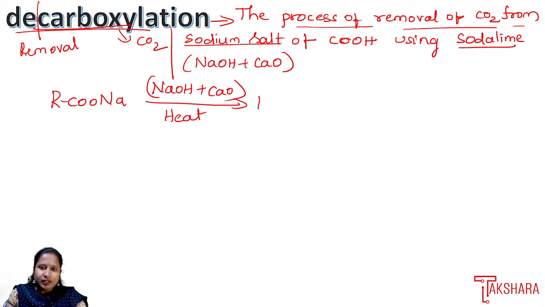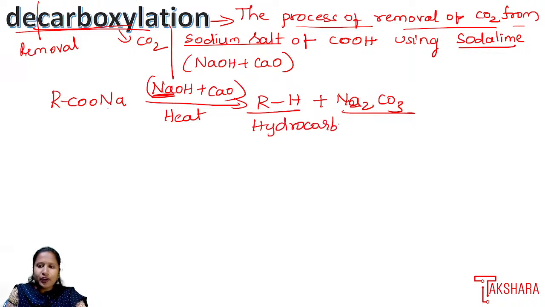The product obtained is RH, with the liberation of Na2CO3. Na2CO3 keeps being removed. The product formed is called a hydrocarbon.